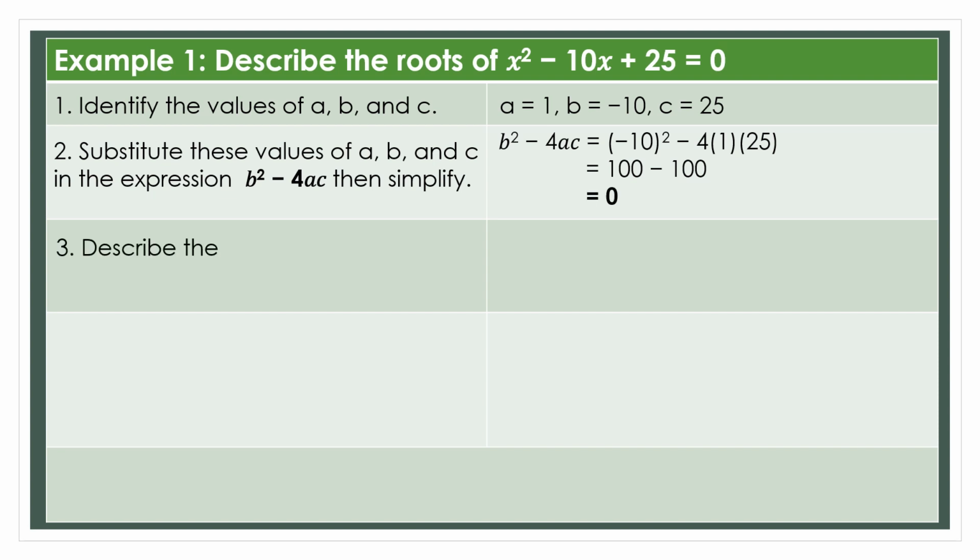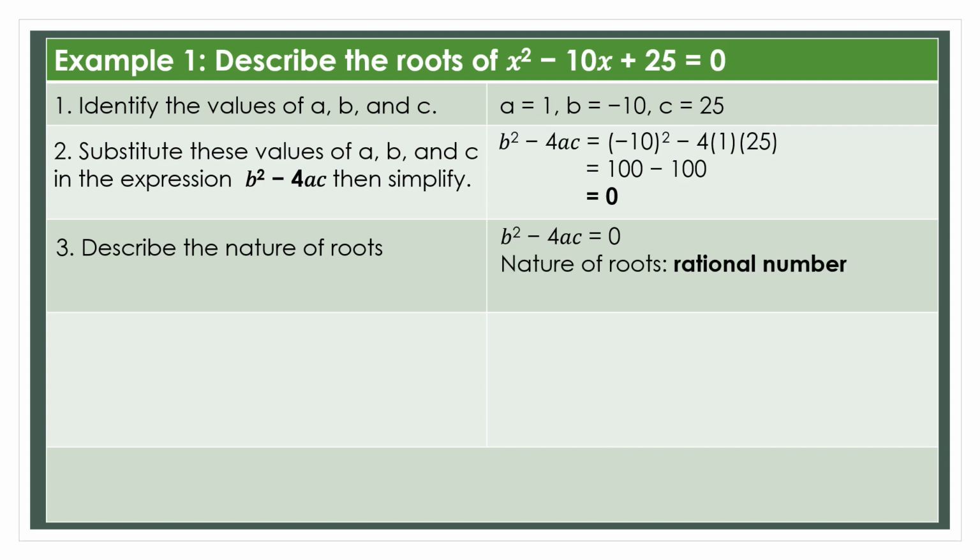The third step is to describe the nature of the roots. Since b squared minus 4ac is equal to 0, based on the rule, the nature of the roots is rational numbers and are equal.